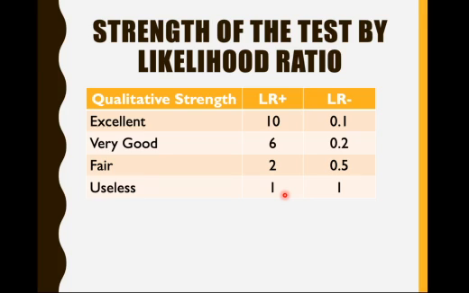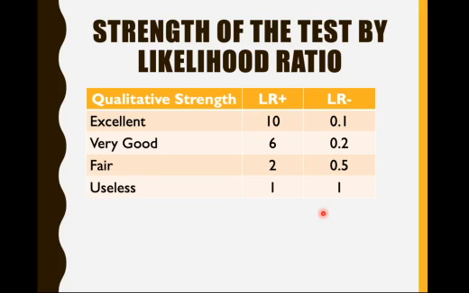Now, in much the same way, when we talk of likelihood ratio negative, the formula, that's also a ratio, is false negative divided by true negative. That's a ratio. False negative divided by true negative. So, when do we get a likelihood ratio negative that's equal to 1?